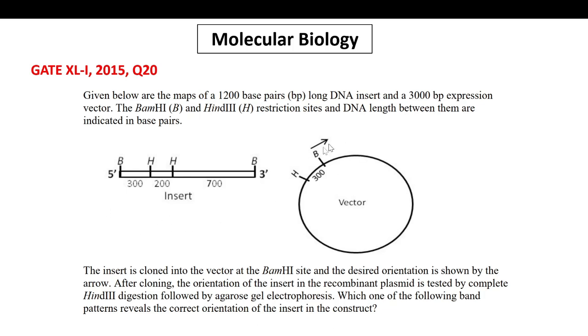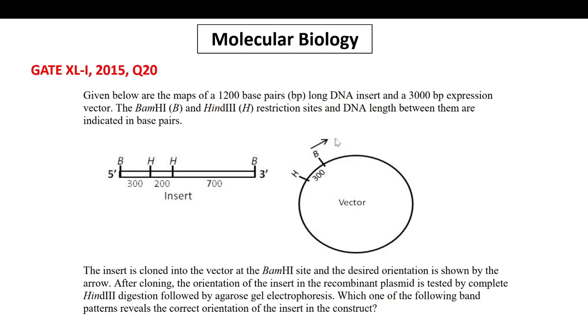So there is a desired orientation, meaning if you cut here with BamHI, it will give a linearized fragment with two BamHI sites. You need your insert to be put in this direction. So if you see 5' to 3', it should go in this direction in which the arrow is pointing.